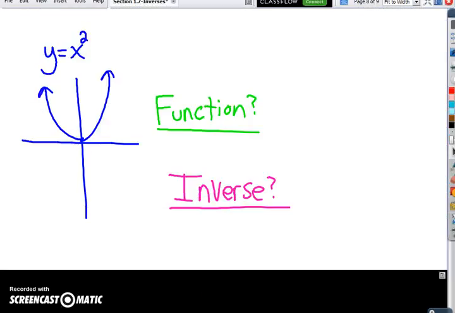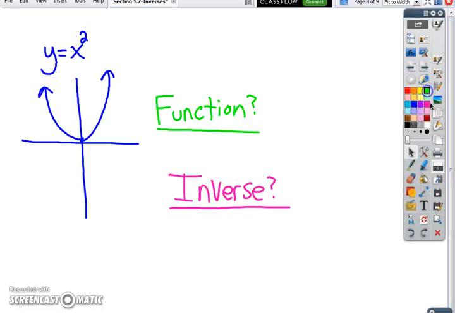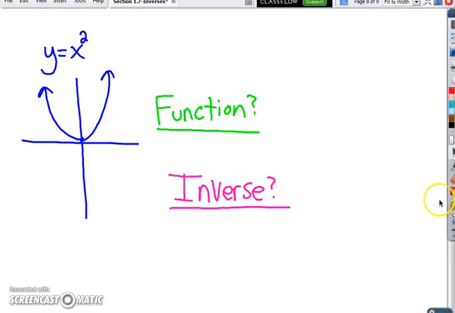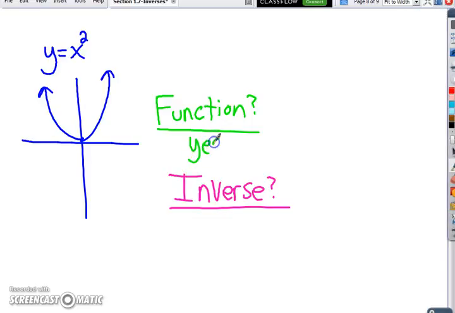So now, let's take a gander at this. We've got good old-fashioned x squared. Is that a function? Yes, it's a function. It passes the vertical line test. We've been over that when we first did functions, how x squared passed the vertical line test.